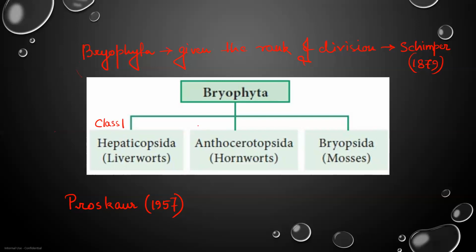Class 1 is Hepaticopsida, class 2 is Anthocerotopsida, class 3 is Bryopsida. Hepaticopsida or liverworts, Anthocerotopsida or hornworts, and Bryopsida or mosses.